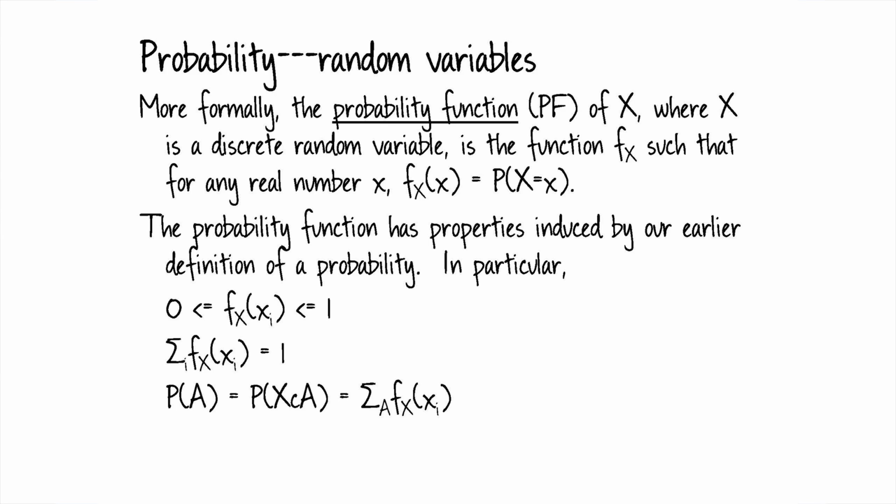Well, not surprisingly, you just sum up the probability function over the x's in that set. Okay? And so that's going to be useful when we're given a probability function for a random variable and we want to calculate the probability that x is in a particular set or region or something like that. Okay?